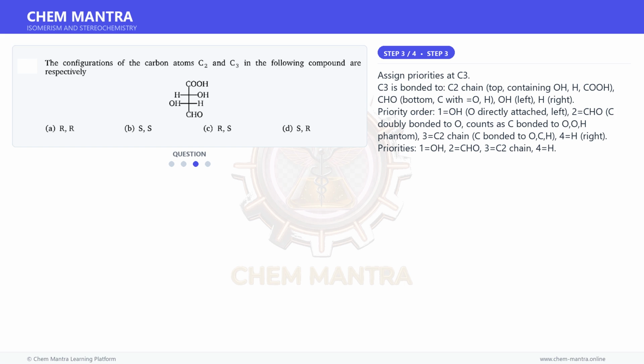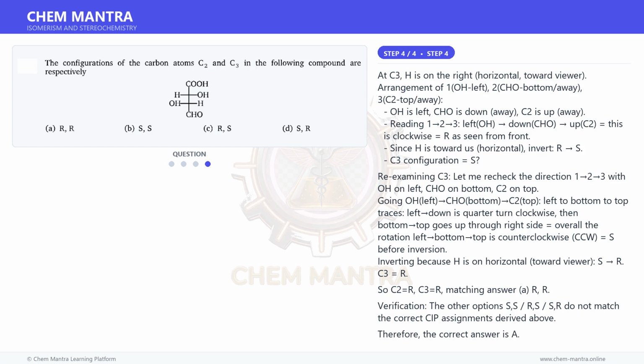Priority order: 1 is O directly attached, left; 2 is CHO, C doubly bonded to O, counts as C bonded to O, O, H; 3 is C2 chain, C bonded to O, C, H; 4 is H, right. Priorities: 1 is O, 2 is CHO, 3 is C2 chain, 4 is H. And for the final step.